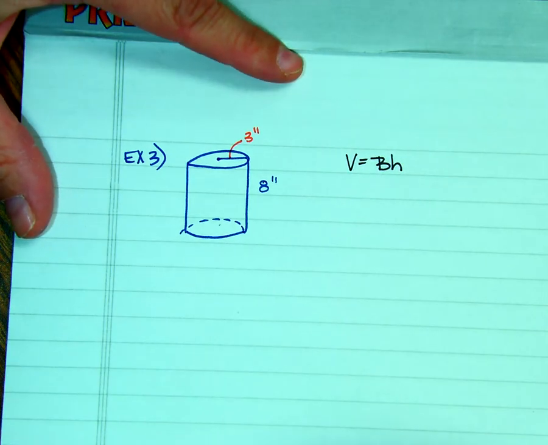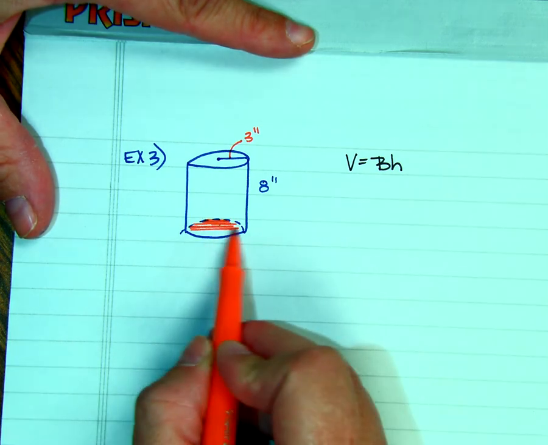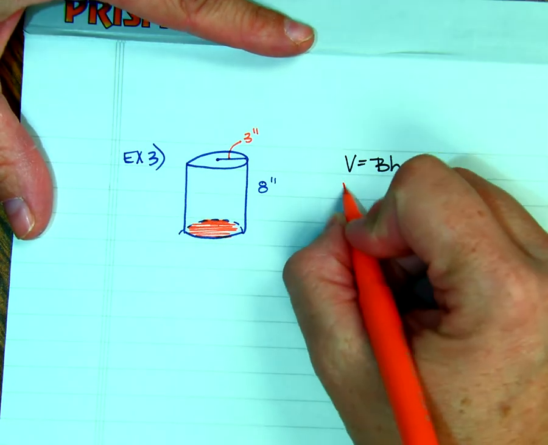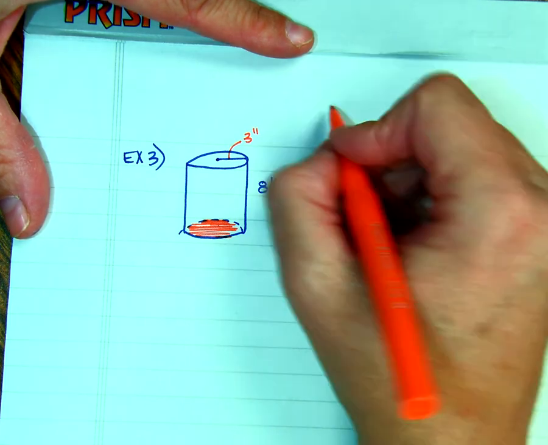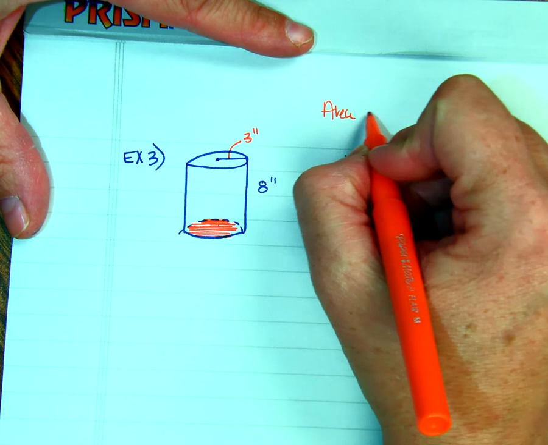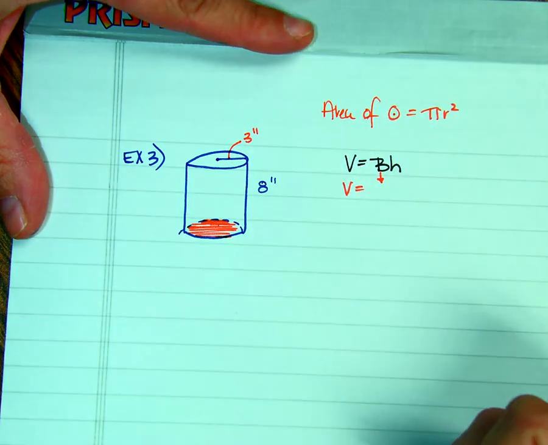But this time, the area of my base, or my base shape, is actually a circle. So when I am thinking of this, my base is a circle, and I know that the area of a circle is pi r squared.